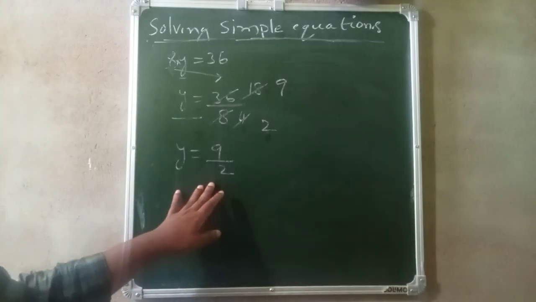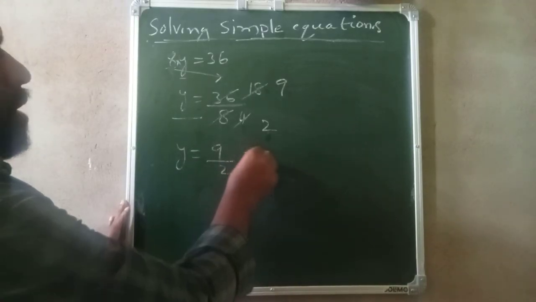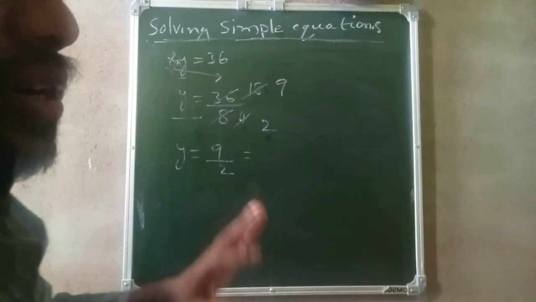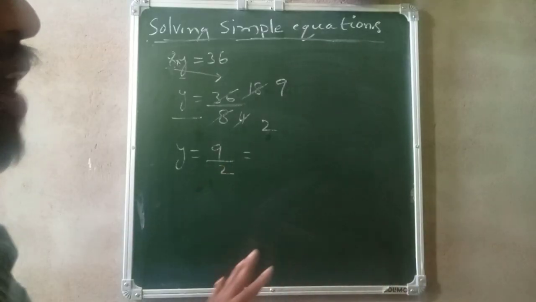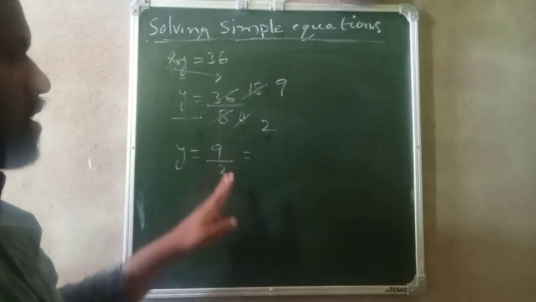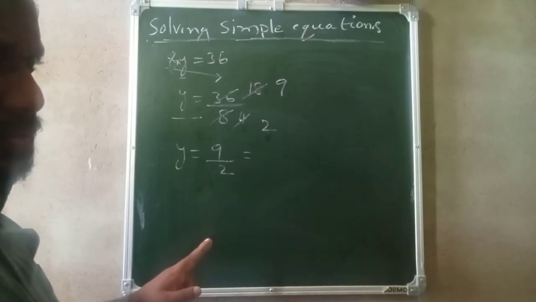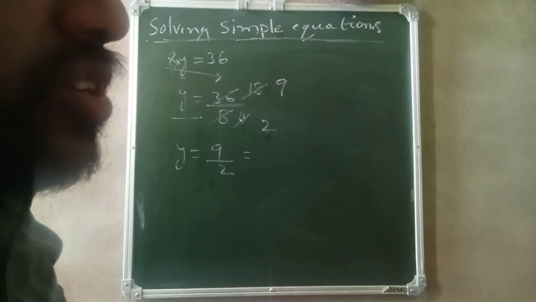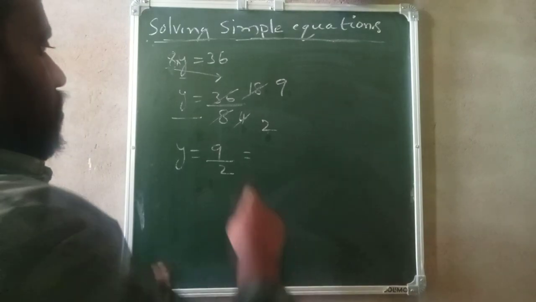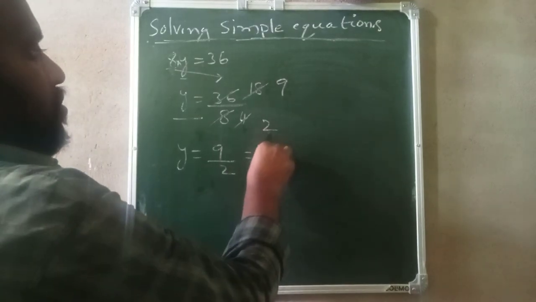Okay, even this is also an answer. Sometimes they want the answer in decimal form, not this fraction. Sometimes they want the answer in fraction, so that time this is correct. But sometimes they want the answer in decimal form. So when you divide 9 by 2, you get 4.5.